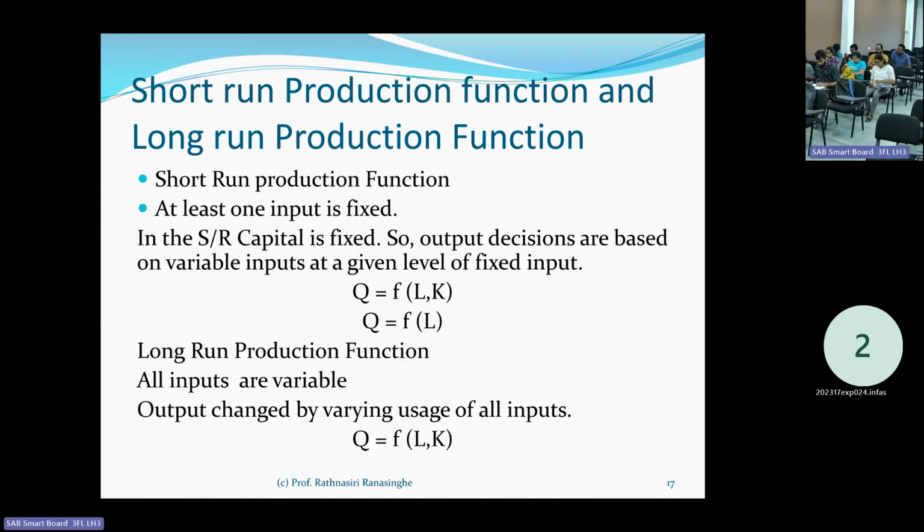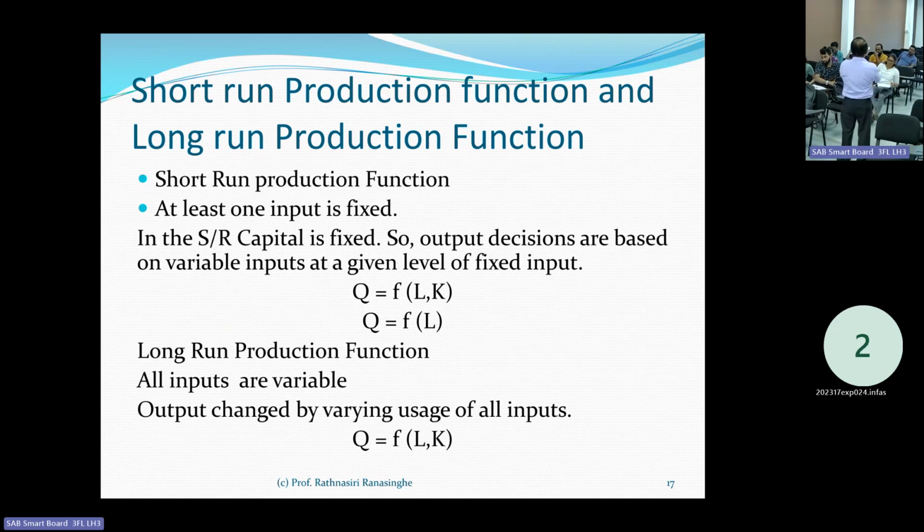In the short run, we can incorporate the variable inputs, because we can change the output at short notice.